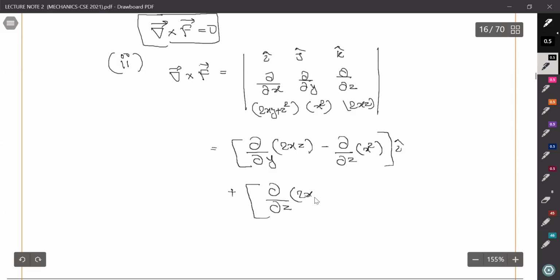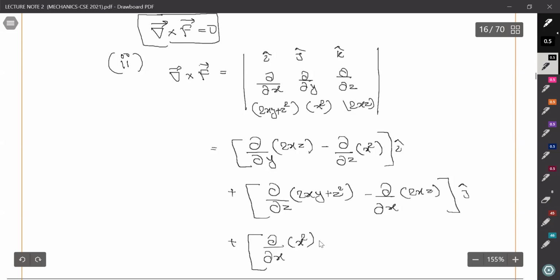Minus del of del x 2xz j cap. I think you are familiar with this determinant format. You can solve it. For the k cap, we write del of del x x square minus del of del y 2xy plus z square.